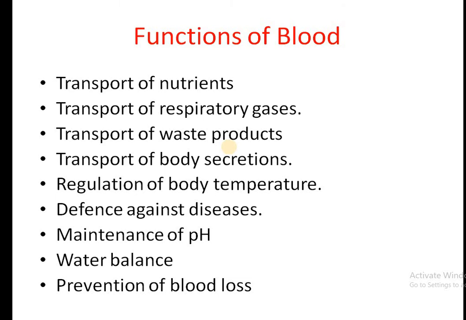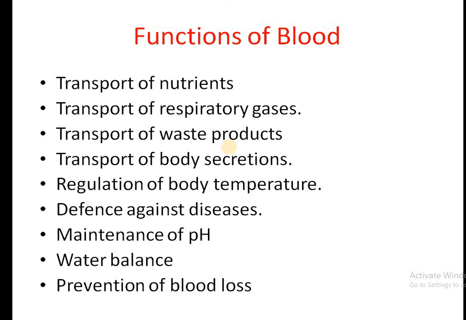Now, let us discuss some of the important functions of blood. You all are aware of how important blood is and what its main functions are in our body. As I have told already, it helps in the transportation of nutrients, respiratory gases, waste products and body secretions.